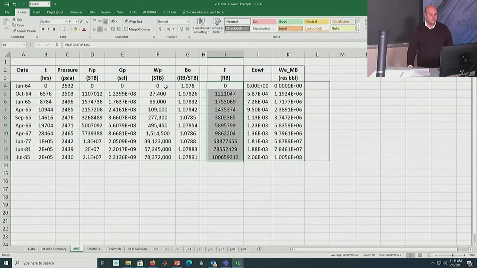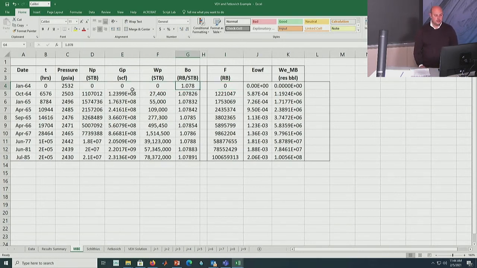It is the oil produced times the formation volume factor of oil plus the water produced times the formation volume factor of water, and I think the water formation volume factor was 1.02.